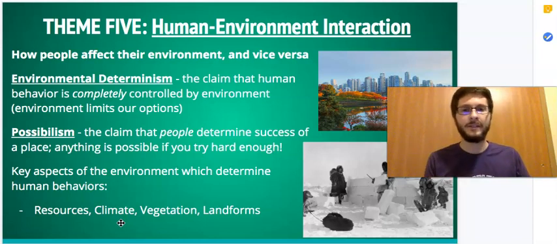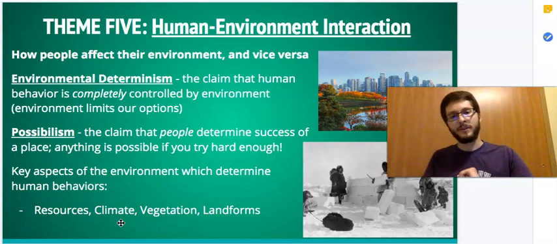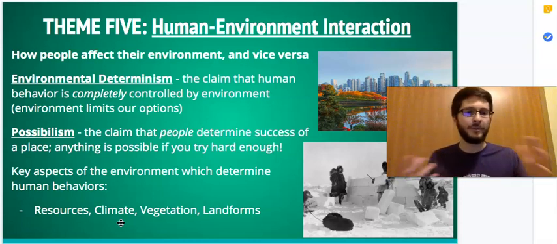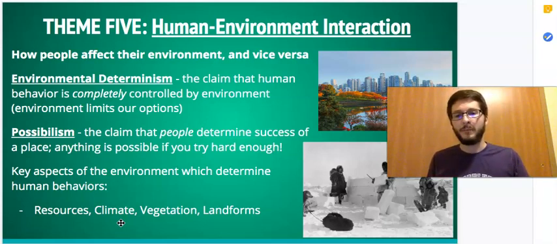And then lastly is the landforms. Okay. It's difficult to live in a mountainous area. It's difficult to live in a place that's too rocky or with hard ground that's too dry to grow anything, for example. Okay. So we look at those key things, and those are what are going to determine our success or our ability to live in a certain place.